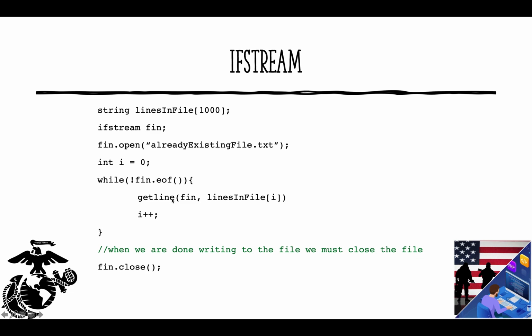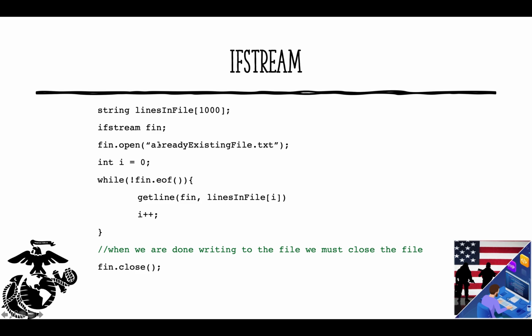What I'm doing here is I'm grabbing all of the lines in my text file and I'm storing them into a local data structure. So I'm essentially reading the file and storing it into a local data structure. That's the logic of what I'm doing here.